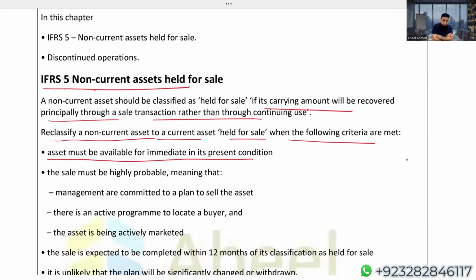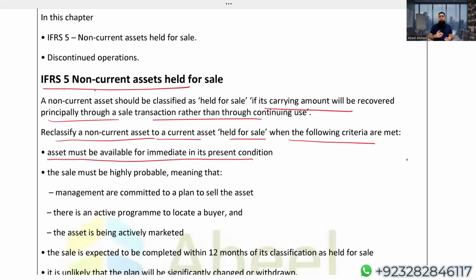After listening to this from the buyer, a representative of your company replies that right now on this plant we are running XYZ customer's order, so right now we cannot sell this plant. The moment you inform the buyer of that, it means IFRS 5 cannot be applied on that plant. Why? Because it is not saleable in its present condition.